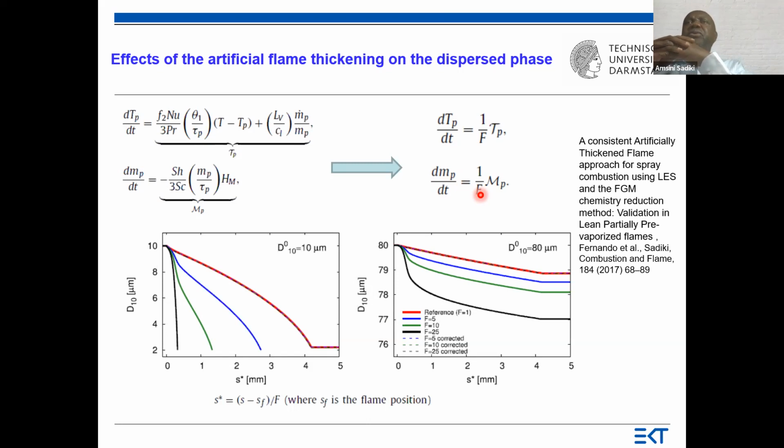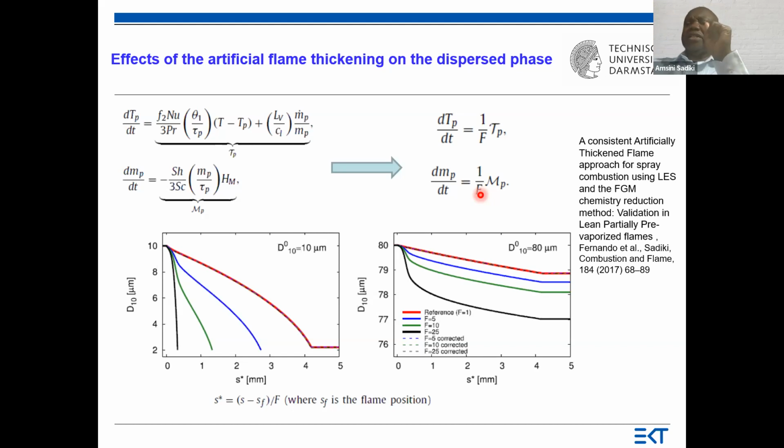prediction. So there are also some results I will show you tomorrow, in which we account exactly for the way we introduce the droplets within this thickened area, because if it is orthogonal or if it is parallel to the flame, we will get different results.